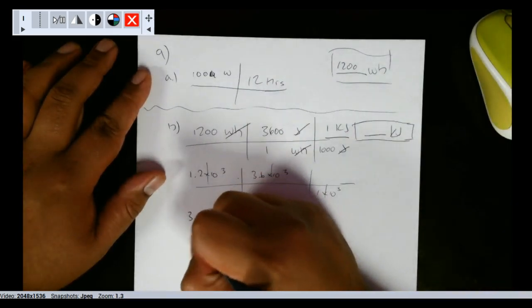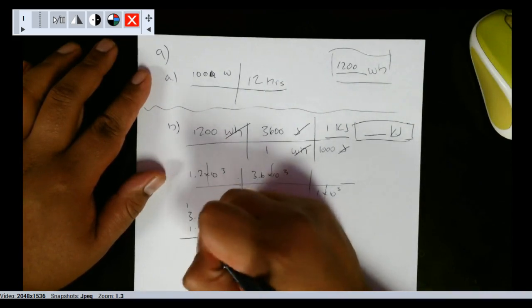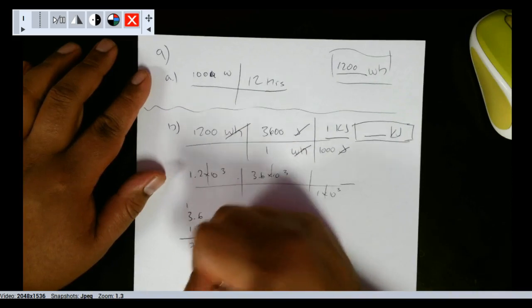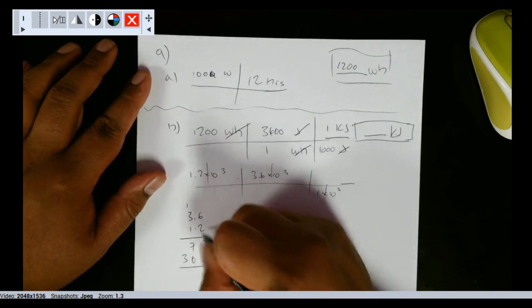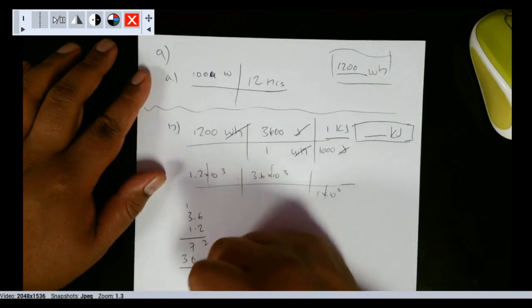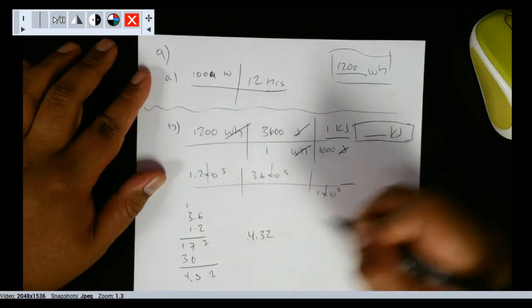So 3.6 times 1.2, and then 2 decimals, 1, 2. So this is equal to 4.32.